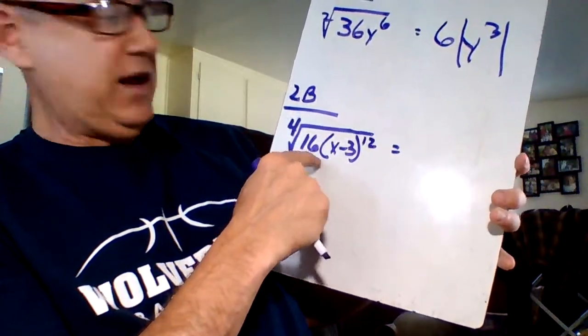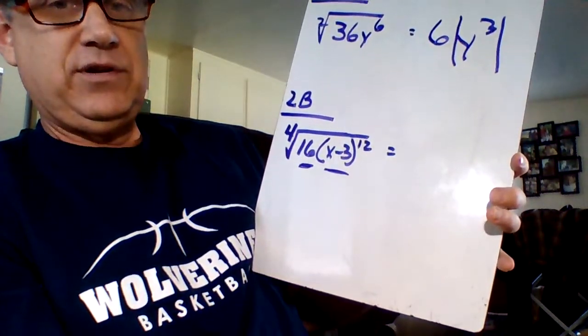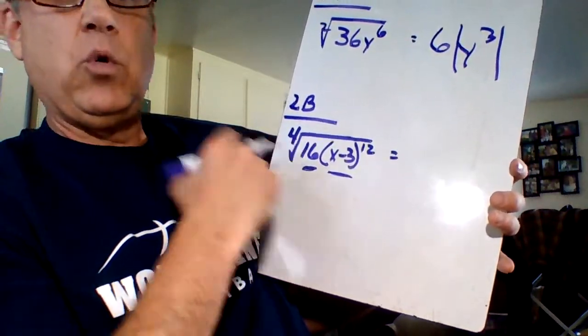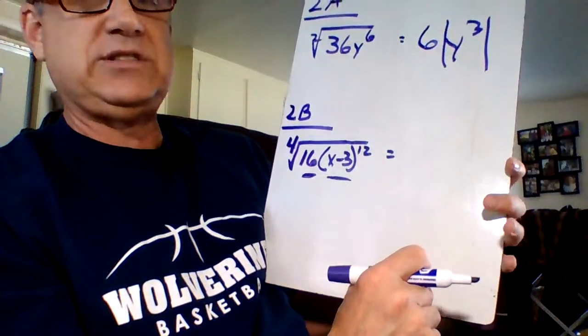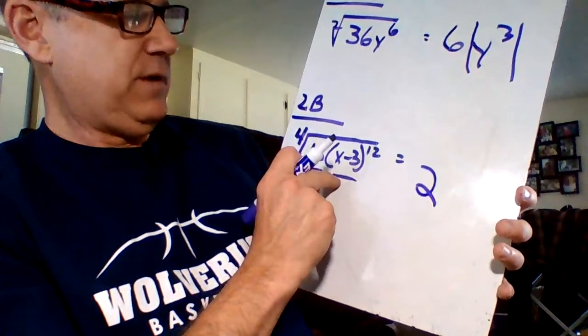Let's take a look here. 4th root of 16. We have 2 bases. That's one base, and this is our second base. What's the 4th root of 16? Or what number to the 4th power equals 16? 2. X minus 3.